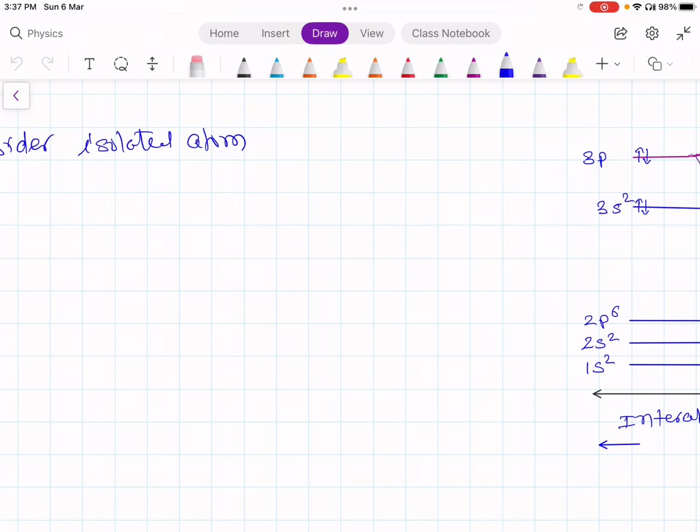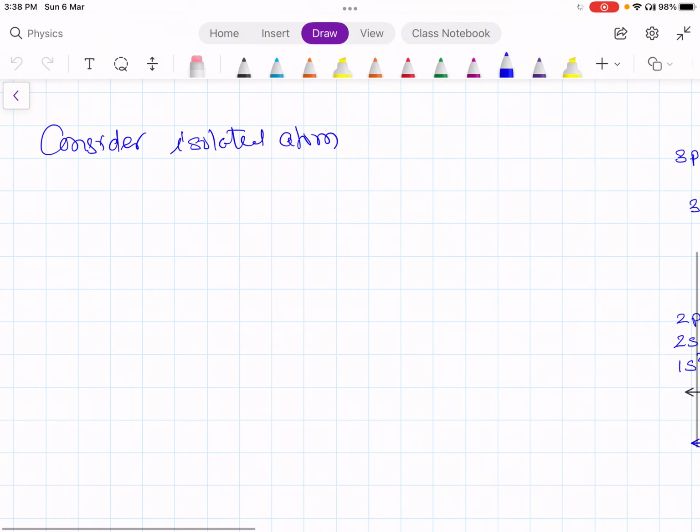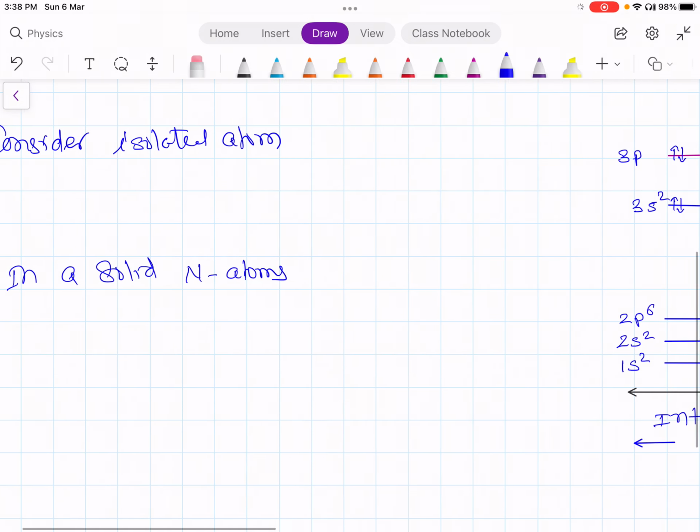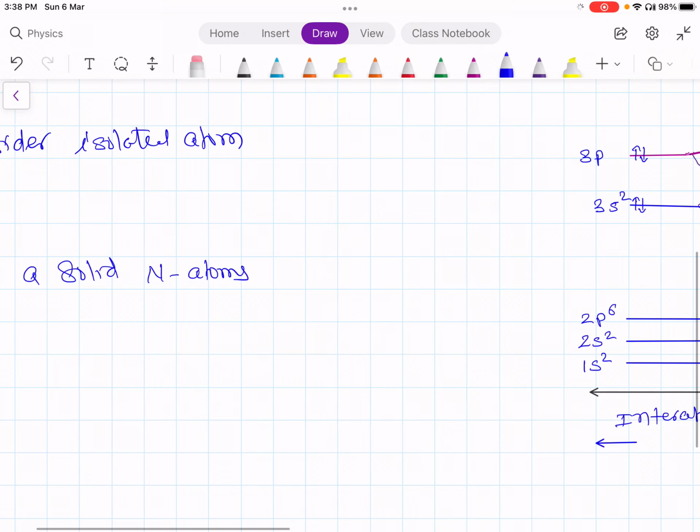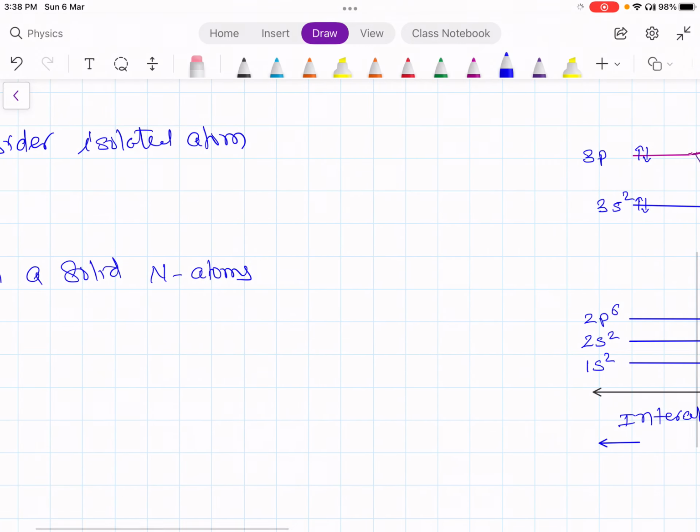So when the solid is formed, consider a solid of n atoms. Initially when atoms are separated, they have these discrete energy levels.